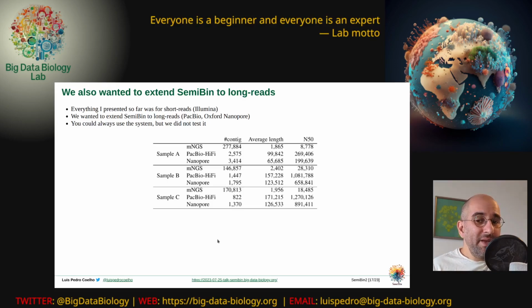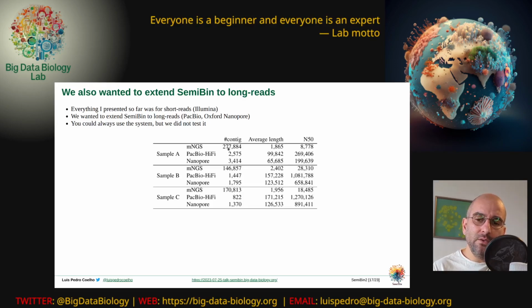And the biggest difference between long reads and short reads is that long reads are longer. And this sounds very basic, but it does mean that your statistics are going to be very, very different. So here's a triplet of samples sequenced with a traditional Illumina and then two high long read technologies.